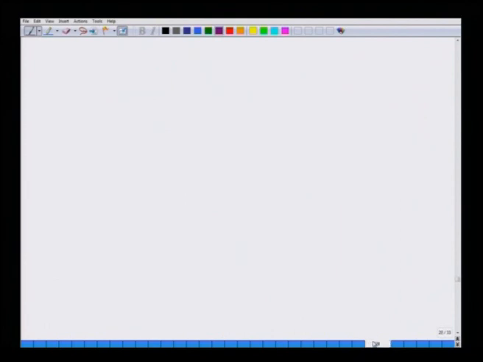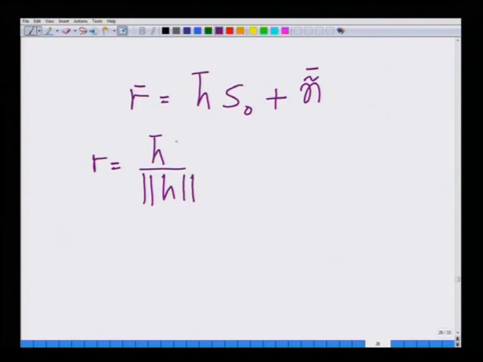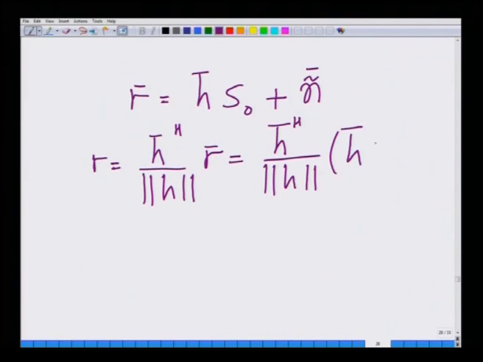Now, let us use this W bar to see what we get. We know R bar equals H bar times S0 plus n tilde bar, hence with W bar equal to H bar divided by norm H, R equals H bar Hermitian divided by norm H into R bar, which is H bar Hermitian divided by norm of H times H bar S0 plus n tilde bar.